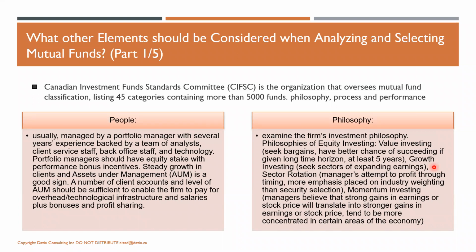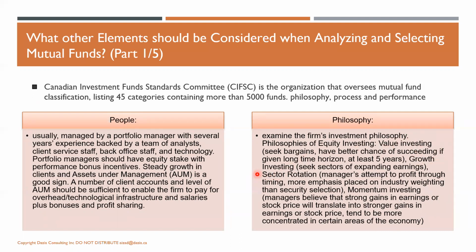So the first is value investing, second is growth investing, third is sector rotation. In sector rotation, the manager keeps moving the money within different sectors. For example, first they invest in food companies, then in mining companies, then in financials.